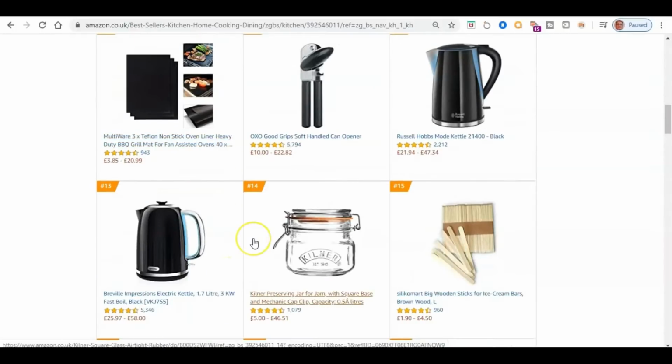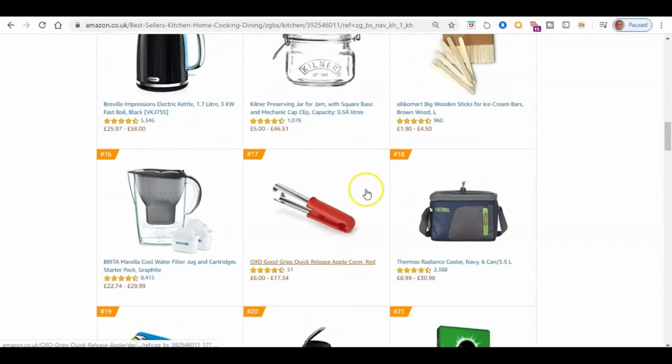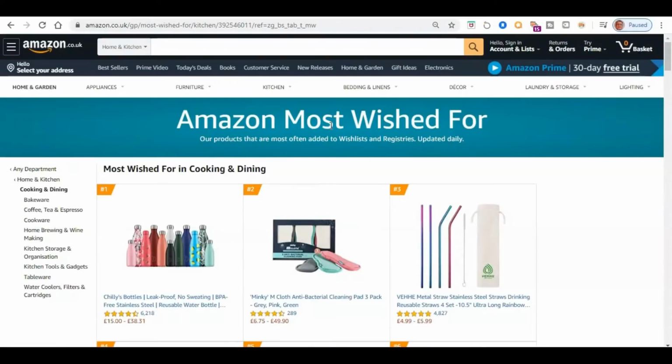So anything that's brand named, you don't want to be selling. What you're really looking for, because bear in mind, these are the best sellers. They've got hot new releases in cooking and dining, most wished for. So let's have a look at most wished for and see what we've got.